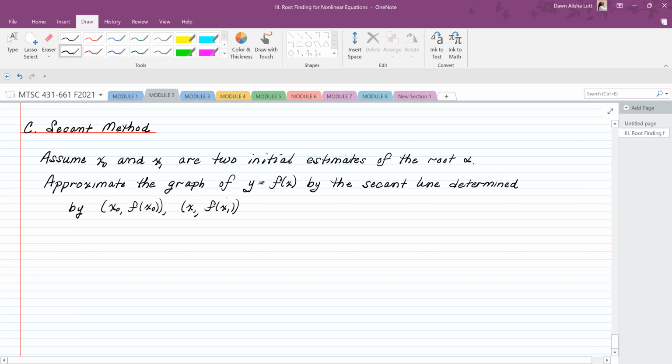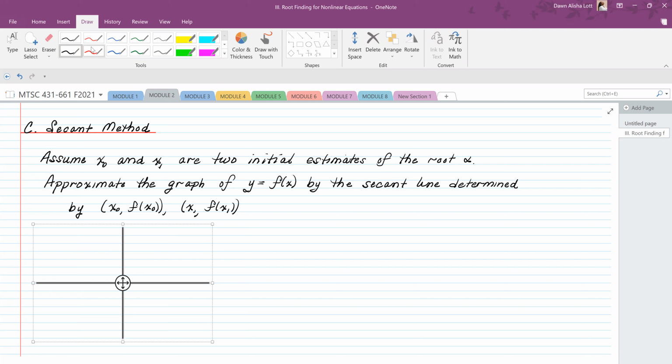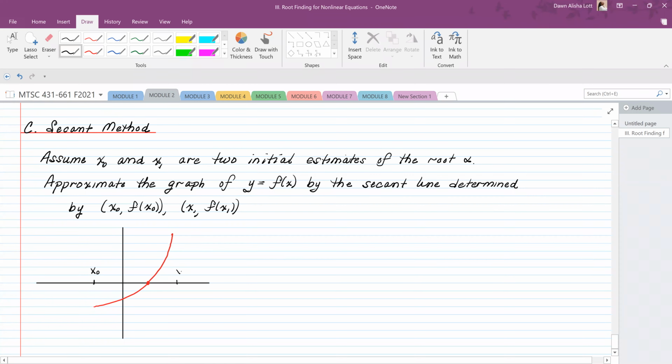Now I have something that looks like this. Here's my curve, and obviously here's my root. I have some point x naught and another guess x1.